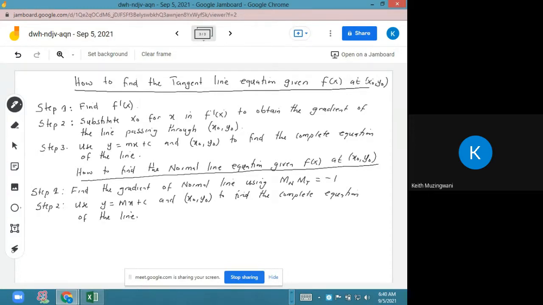That's why I've deliberately said step 1 for normal is to use m normal m tangent is equal to -1, because you would have found m tangent in the tangent line equation. So we can understand it this way. Let's have an example.